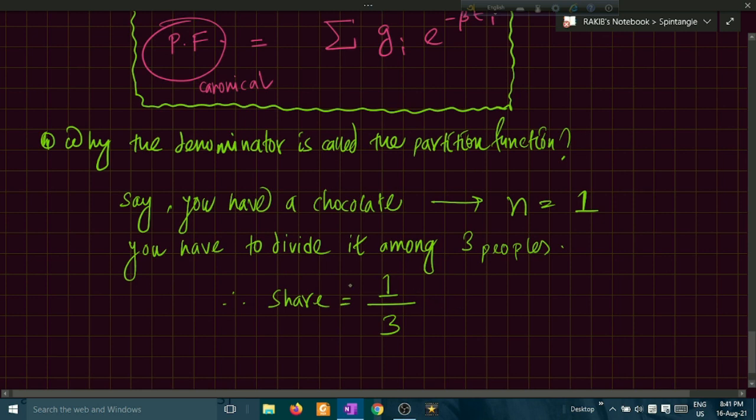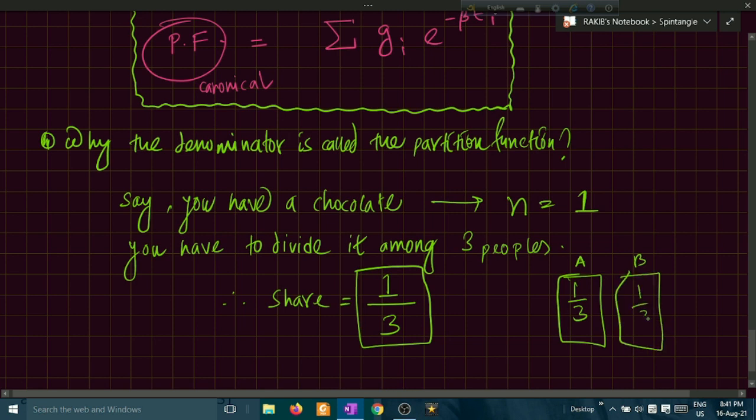This means each person will have a share of 1/3: the first person, say named A, gets 1/3, B gets 1/3, and C gets 1/3.